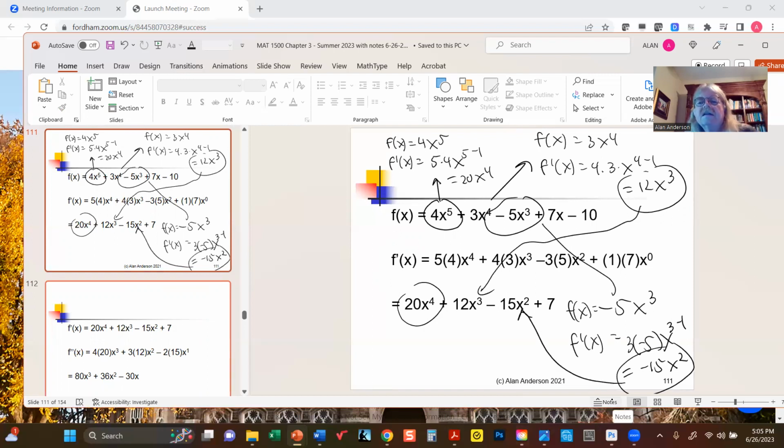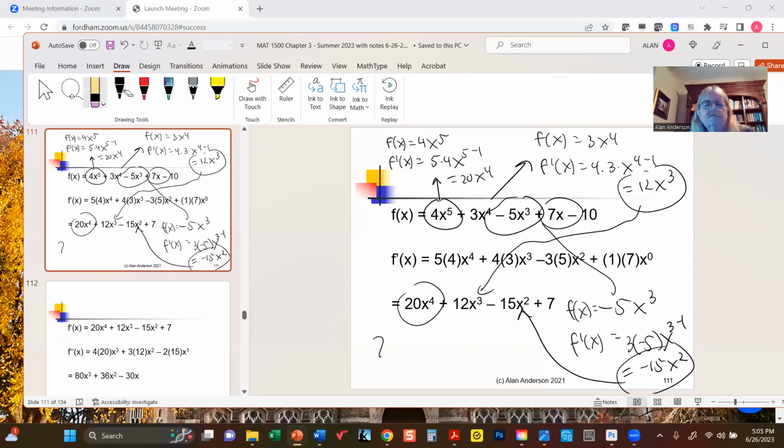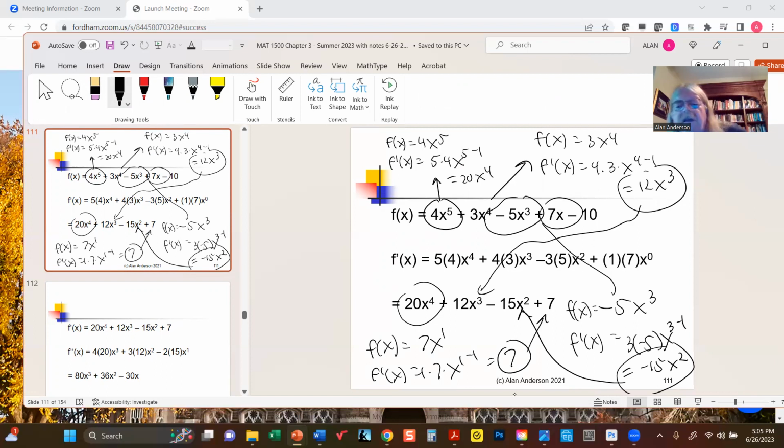And then 7x is easy, but remember, there's an implicit 1 there for the exponent. And it's just 7. Okay, so that's our first derivative, 20x to the fourth plus 12x cubed minus 15x squared plus 7.